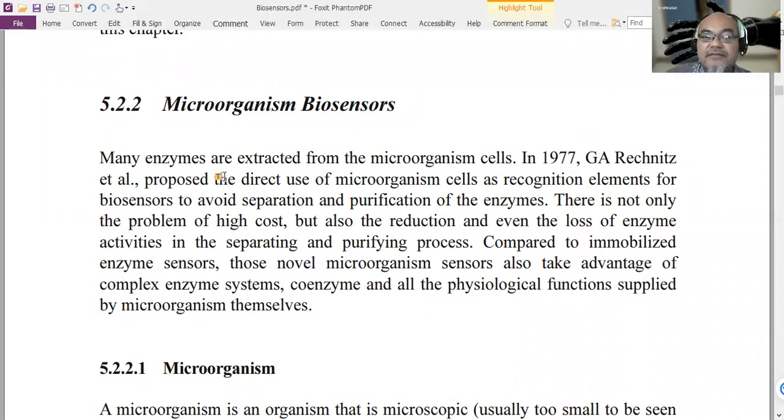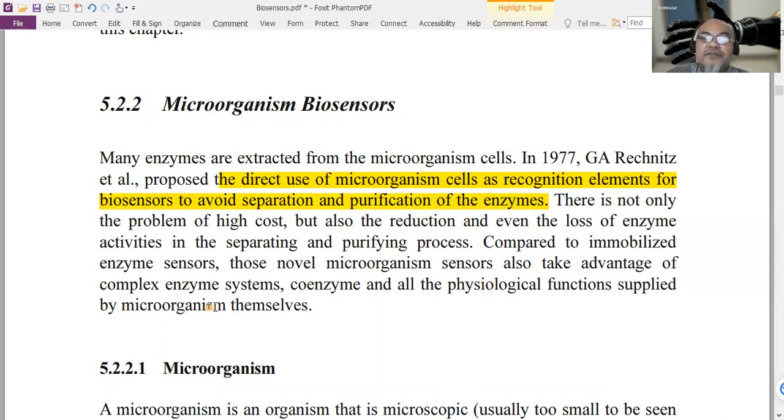The direct use of microorganism avoids separation and purification of the enzyme. Because when we purify enzyme from the bacteria, for example, not only is there the problem of high cost, but also the reduction of the content of the enzyme itself, or even the loss of enzyme activities during the separating and purifying process.